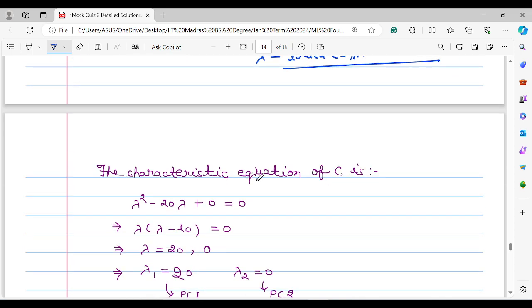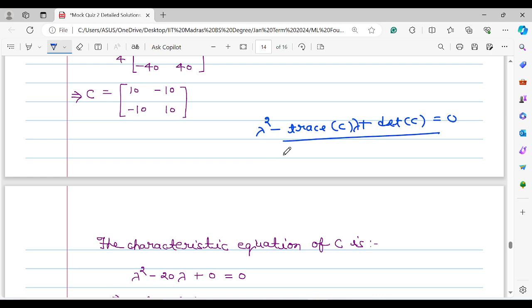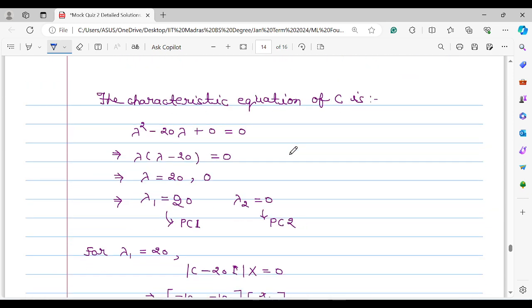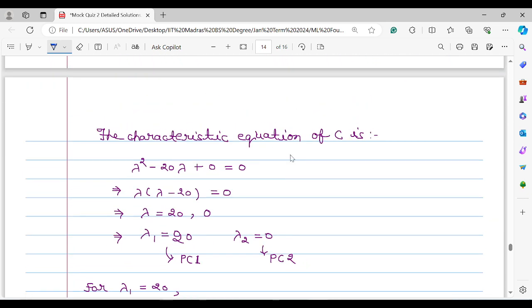You can save a lot of time by using this formula. So the characteristic equation of C is lambda square minus 20 lambda plus 0 equal to 0, and we have calculated lambda equal to 20 and lambda equal to 0.